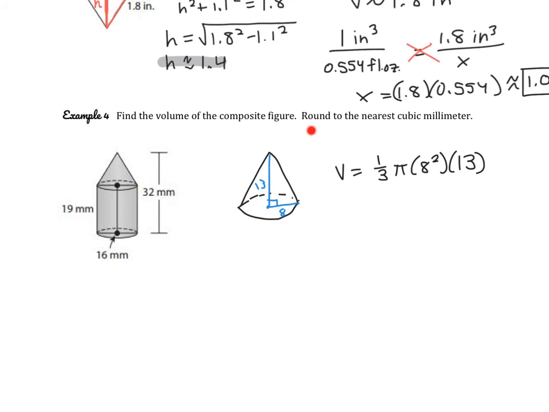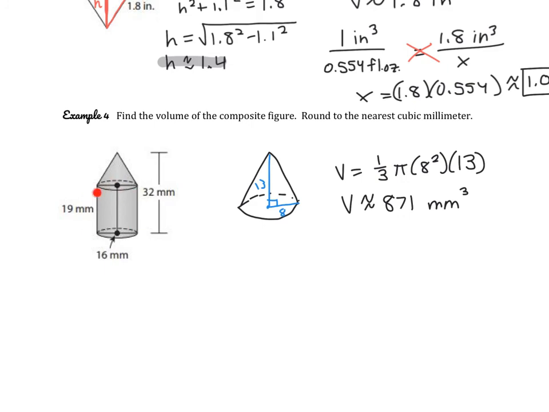And here we are asked to round to the nearest cubic millimeter. So in this step, I'm going to do that as well. So this gives us a volume of approximately 871 if I round to the nearest cubic millimeter, so millimeter cubed.